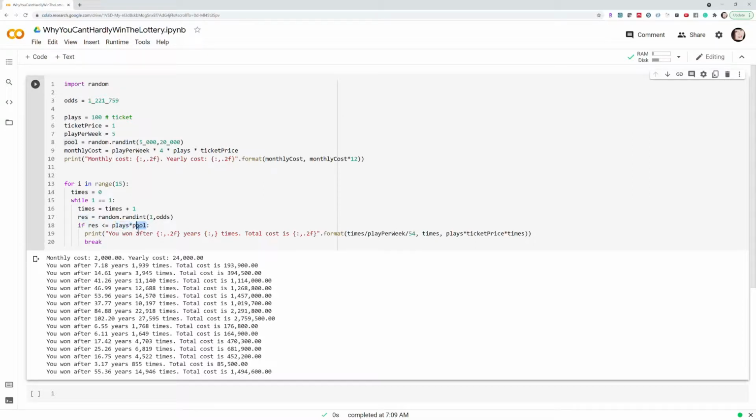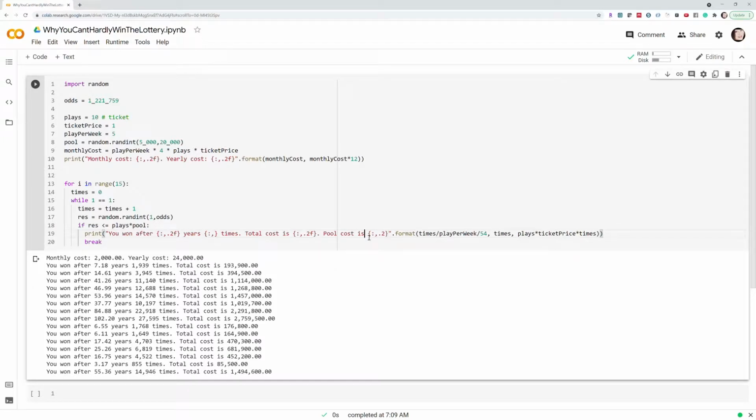Remember, the pool is going to have unique balls, and each of them plays 100 tickets in this case. Let's say every person in the pool plays 10 tickets. Okay, let's see how long it takes them to win. Now let's see the pool cost.